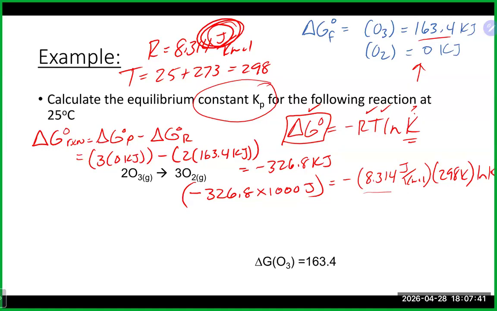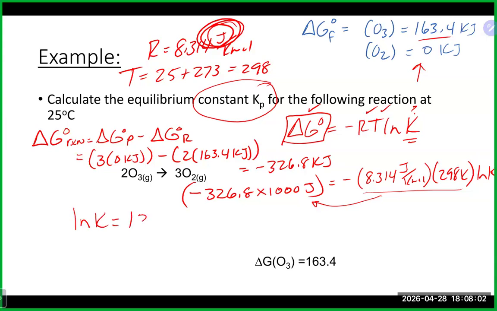All right, so I'm just going to take all these and divide it over, and that's going to give me 326.8 times 1,000. We're going to divide it by 8.314 and also divide it by 298. We have a negative on the left and a negative on the right, which is going to turn everything into a positive.